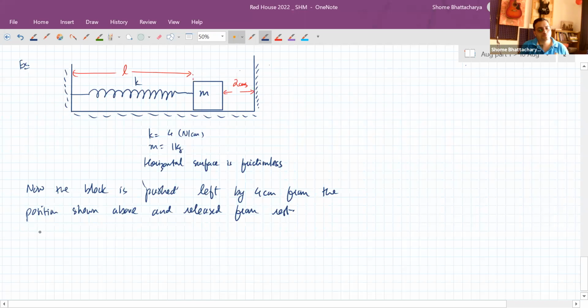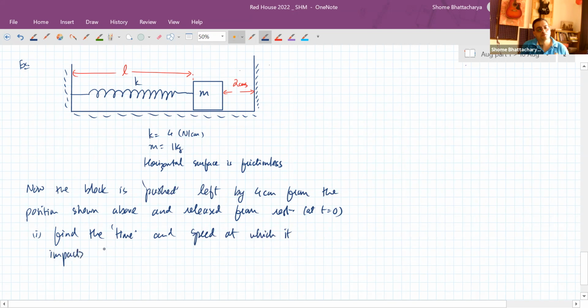So find the time and speed at which it impacts the wall on the right for the first time.